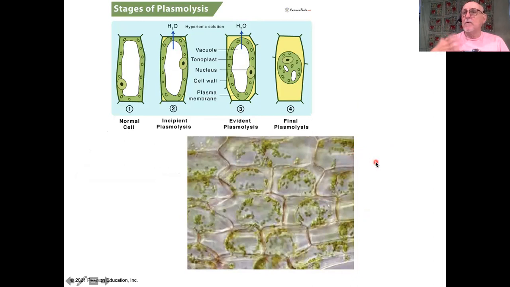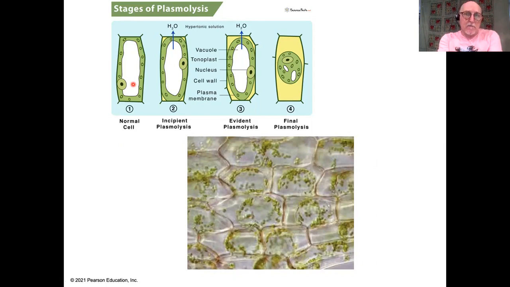If you've got an aquarium, you almost certainly have Elodea. It looks like a fluffy kind of underwater plant, so it's immersed completely in fresh water. And under normal circumstances, Elodea allows its central vacuole to fill and to create a turgor pressure that presses up against the cell wall. And this is the normal situation here.